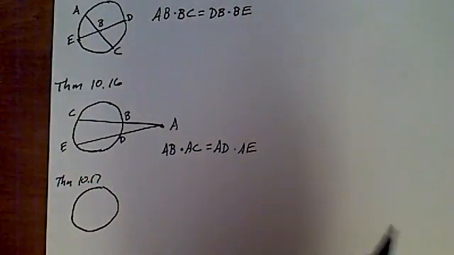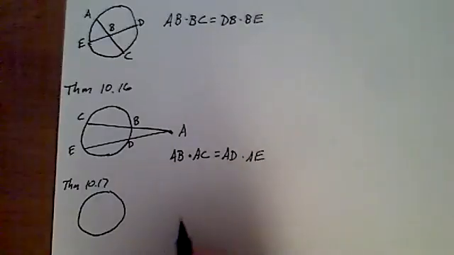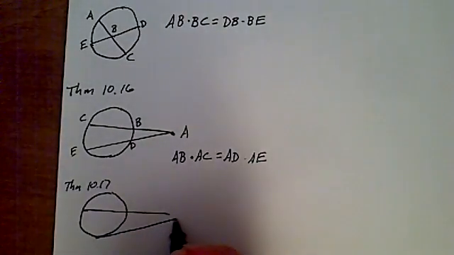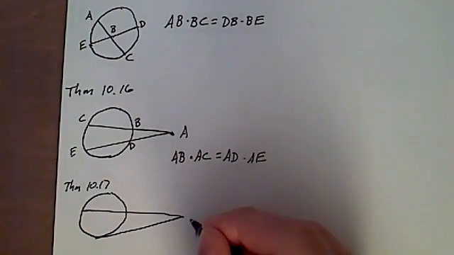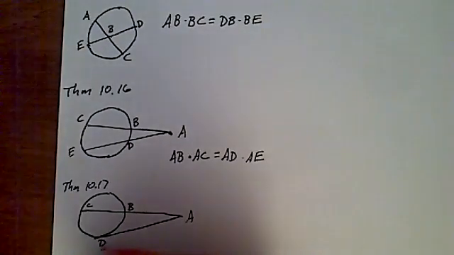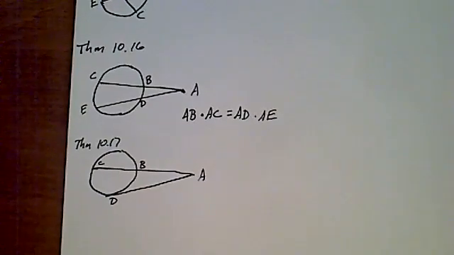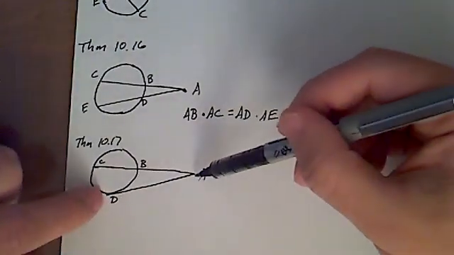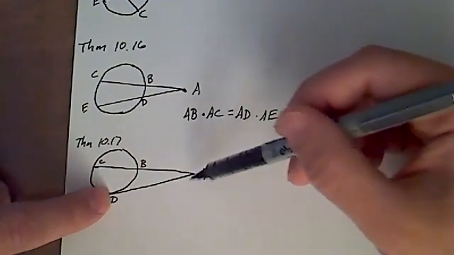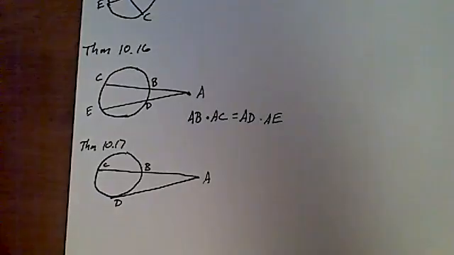And our last theorem, maybe not our last, but one of our last theorems of the chapter. Same kind of thing, but if one of the two segments is a tangent and the other is a secant. So this one's very similar to 10.16. The problem is that we have a tangent segment on this one, and obviously we can't take some kind of product from the tangent. So that one just ends up being a product with itself, or squaring itself.